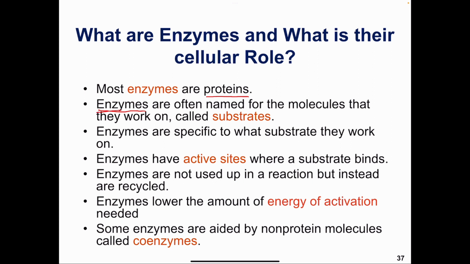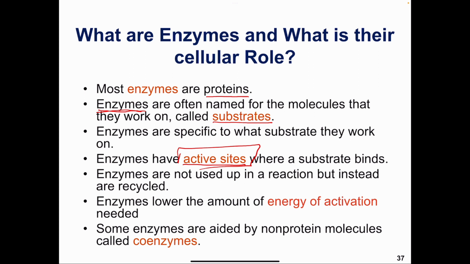Enzymes are going to recognize very specific substrates. These substrates are going to bind on specific areas of the enzyme called the active site. When an enzyme interacts with a substrate through the active site, this is when catalysis of the reaction is going to be made possible.